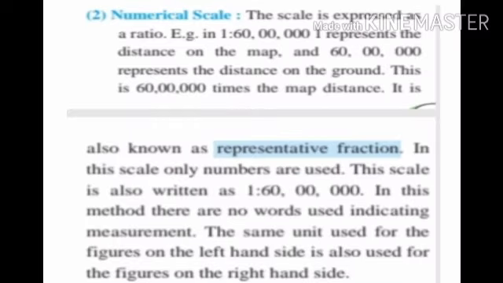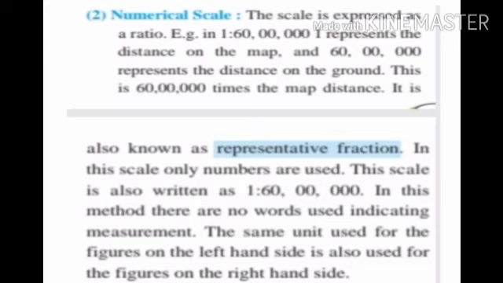Second type is numerical scale. Numerical means, as the name suggests, number. This scale is expressed as a ratio. It is given in the ratio, that is 1 is to 60 lakhs. Here 1 represents the distance on the map and 60 lakh represents the distance on the ground.